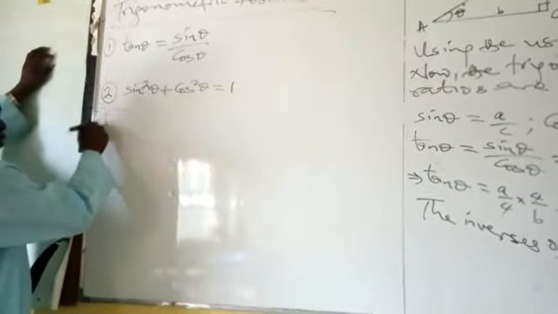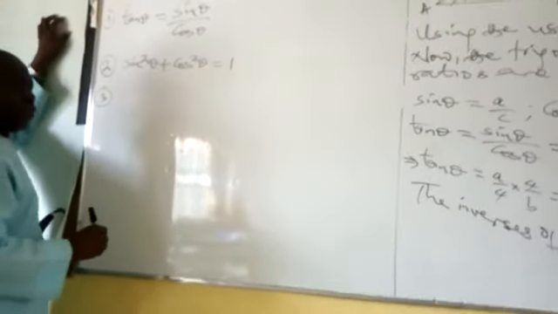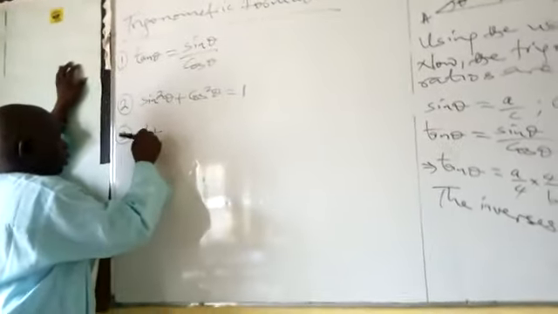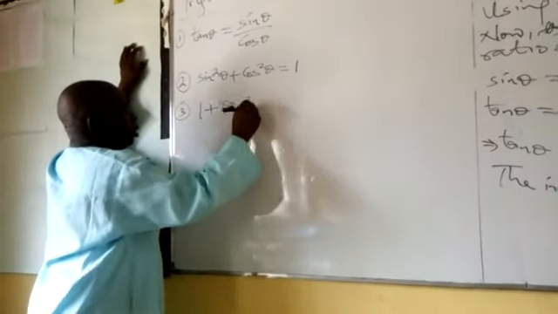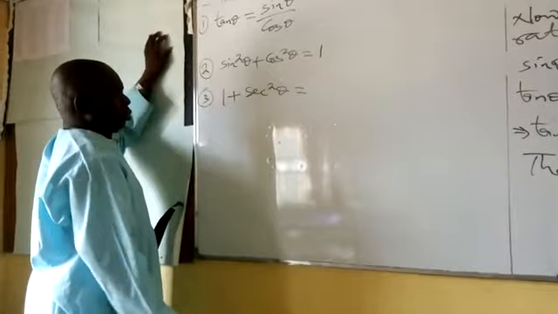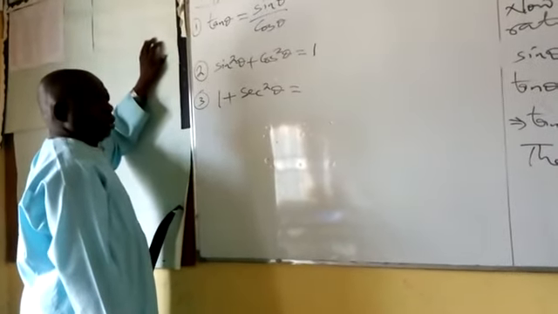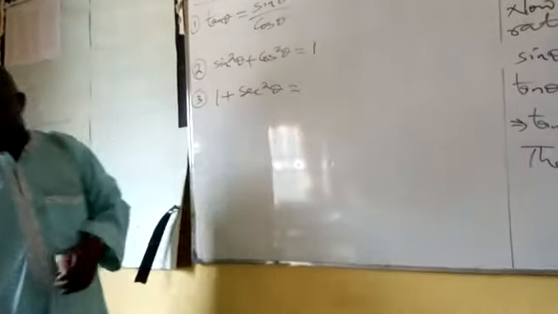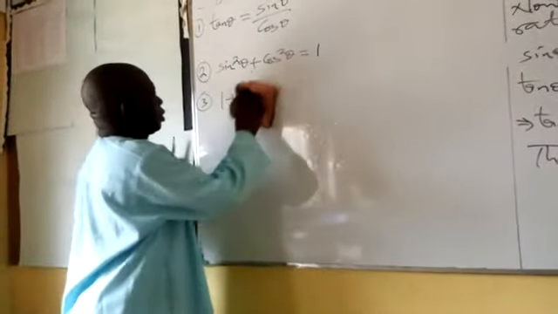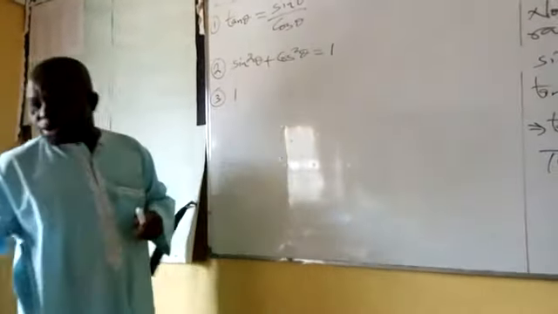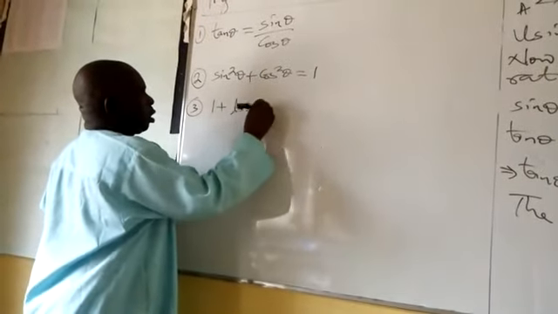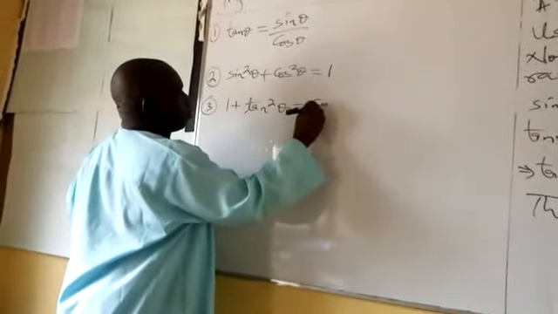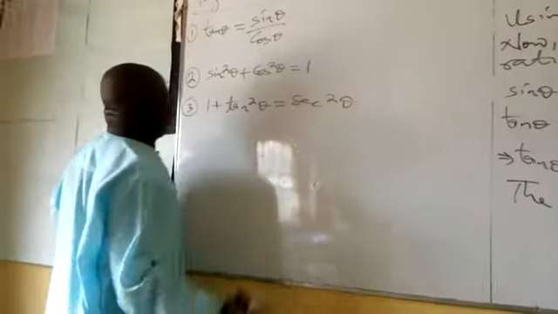Now we have 3: 1 plus tan square theta is equals to sec square theta.